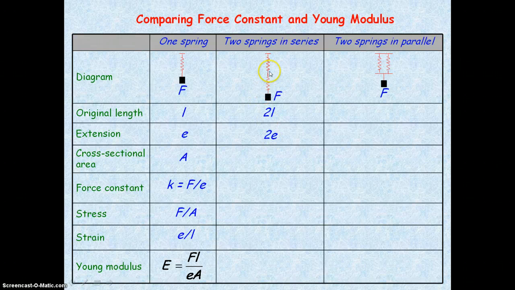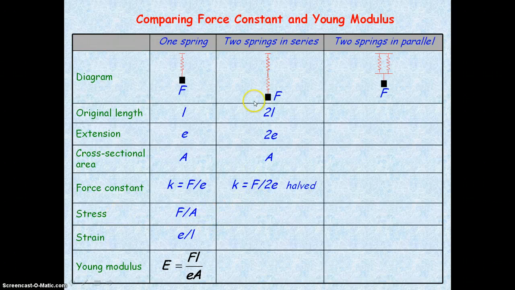The cross-sectional area of the spring has remained constant, so it's the same A. To find the force constant, it's going to be force divided by extension, so force divided by 2E. So you can see, by having the two springs in series, compared with our one spring, we've halved the force constant.